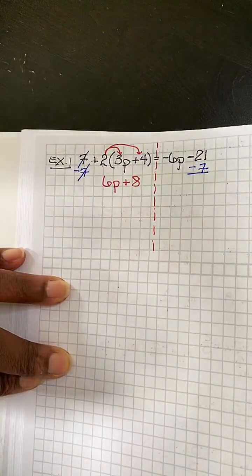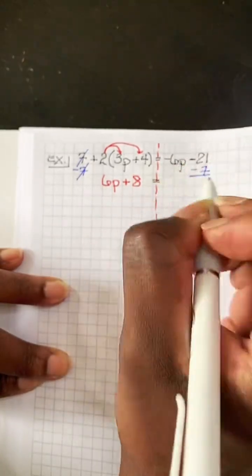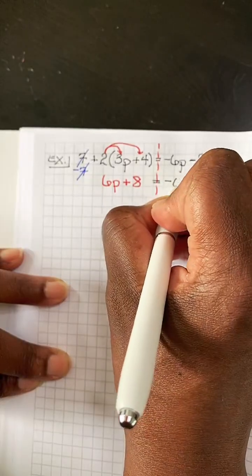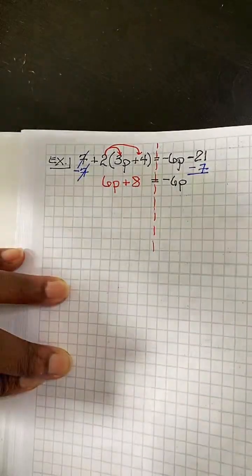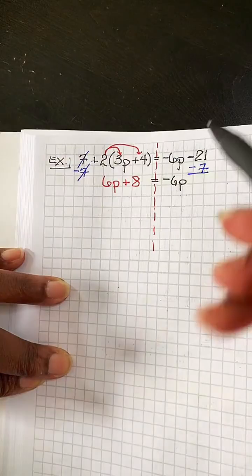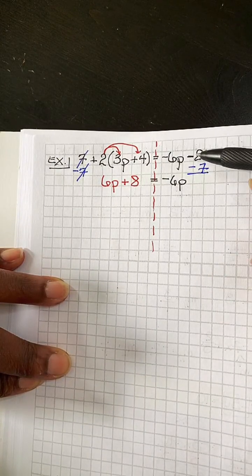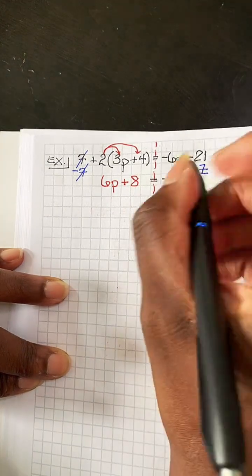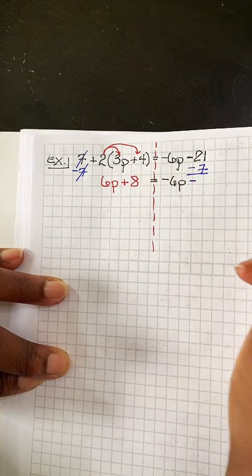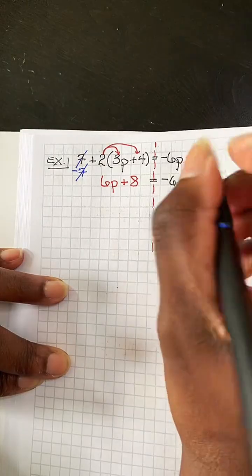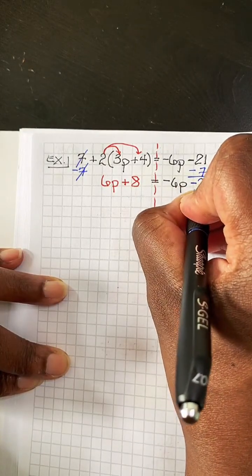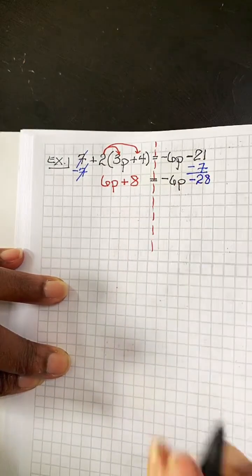I'm going to bring down my equal sign. I'm going to bring down the negative 6p. And I'm going to combine the negative 21 with the negative 7. They're both negative. So that means my answer is going to be negative. And I'm going to add these two together. So that gives me a negative 28.